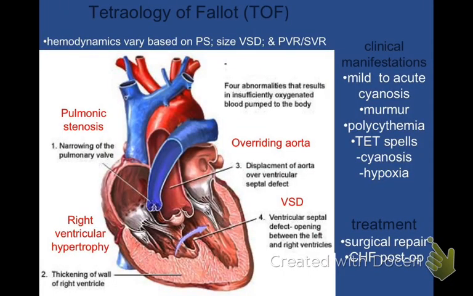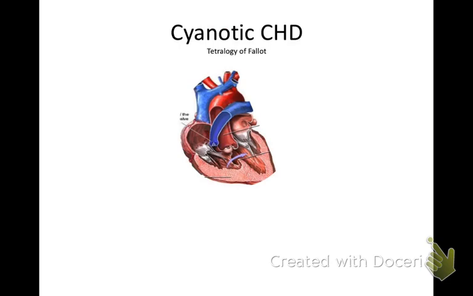All right. So now we're going to talk about cyanotic. And the first cyanotic one we're going to talk about is tetralogy of Fallot. And unlike our acyanotic ones where we had increased pulmonary flow, this one has decreased pulmonary flow.